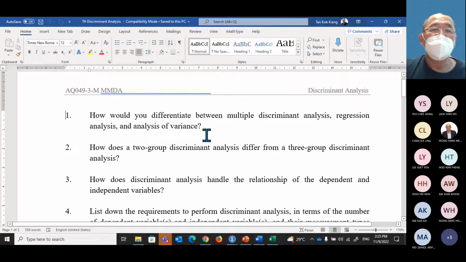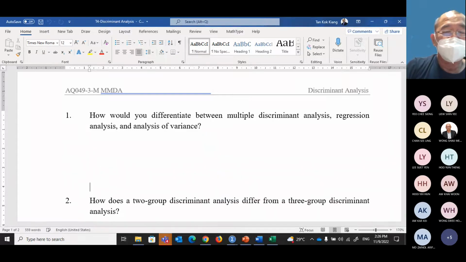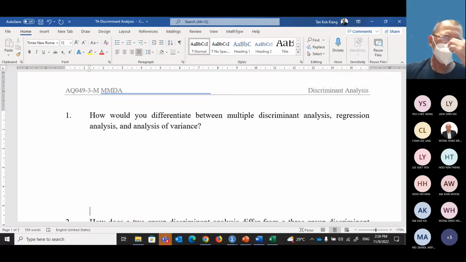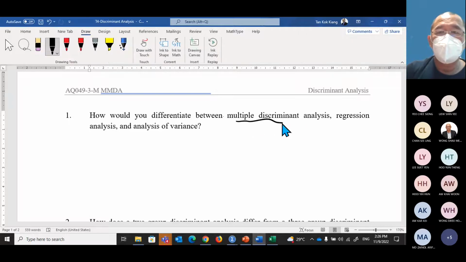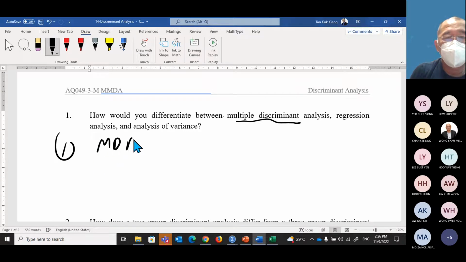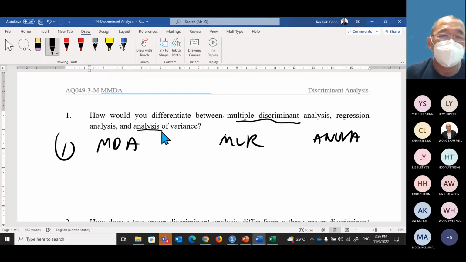So discriminant. How would you differentiate between multiple discriminant analysis, regression, and also ANOVA? For the multiple discriminant analysis (MDA), multiple linear regression, and ANOVA, the first thing we see is the variables. Analysis of variance means ANOVA.